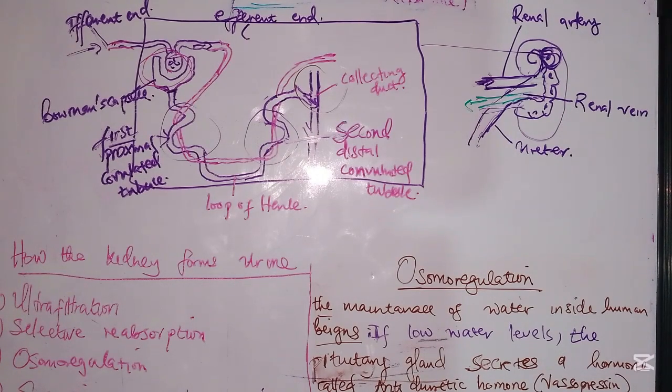Then we talked about the final part, which is the secretion, where the urine is excreted from the collecting duct into the ureter, then into the bladder, where it is temporarily stored. Then whenever it is time to release, you go and excrete your urine.